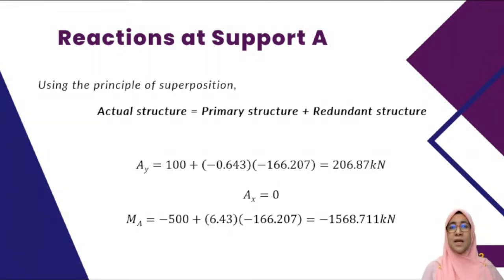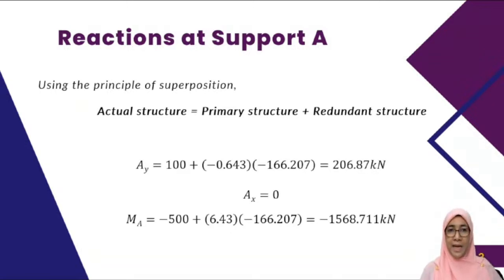So that is how we determine the remaining reactions using the principle of superposition. So AY is 100 plus negative 0.643 times FBC, which is equal to 206.87 kilonewton. AX, since it is a beam, the value is 0. There is no horizontal force and horizontal displacement.